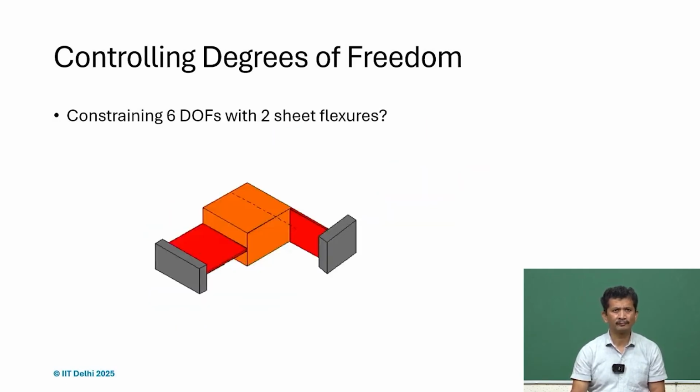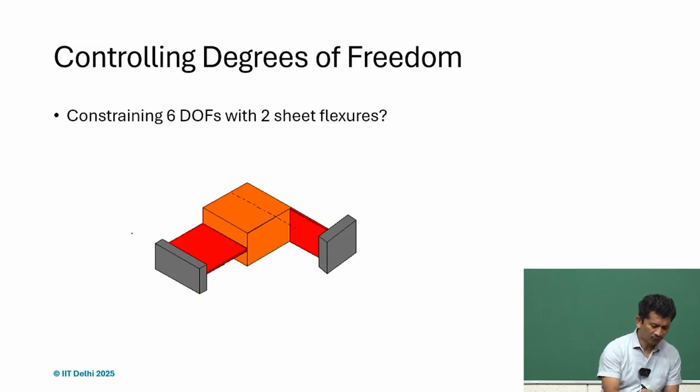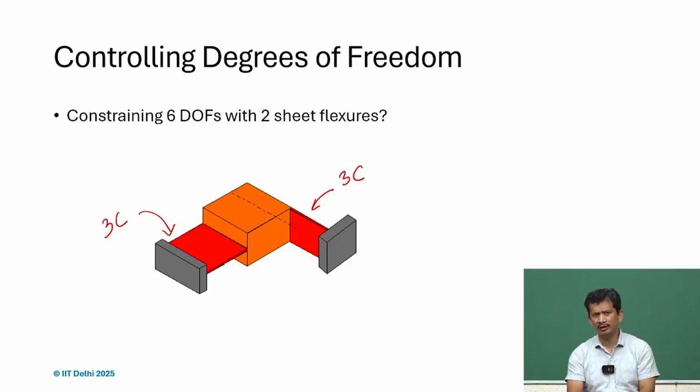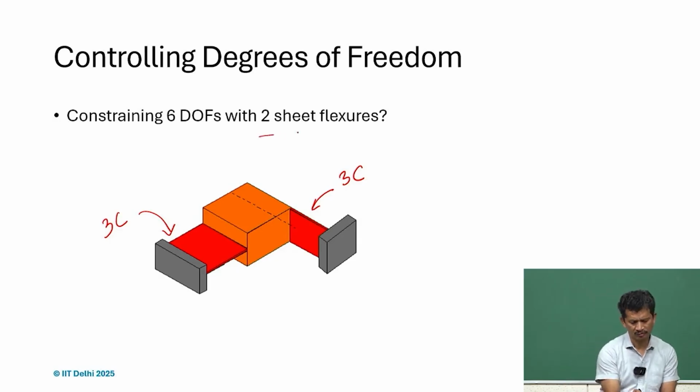Now, the question is, each sheet flexure provides 3 constraints. So, 3 plus 3 is 6. So, one can say there are 6 constraints. Is it possible to constrain all the 6 degrees of freedom using 2 sheet flexures?